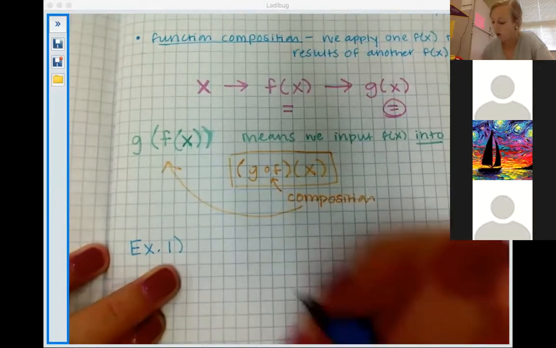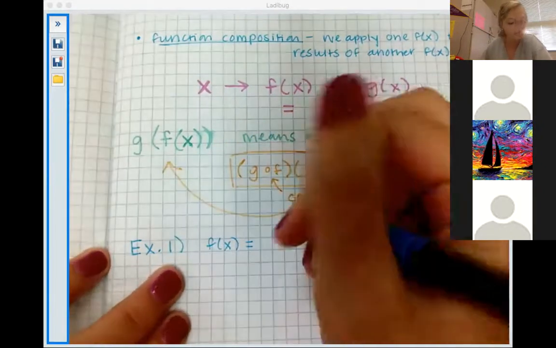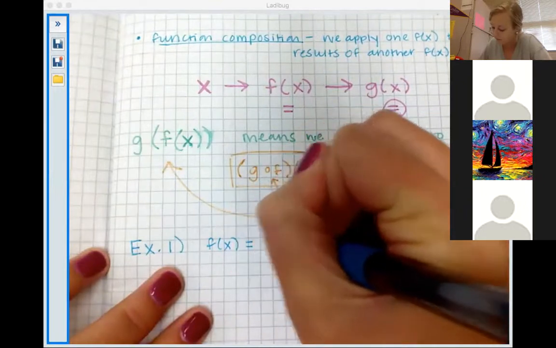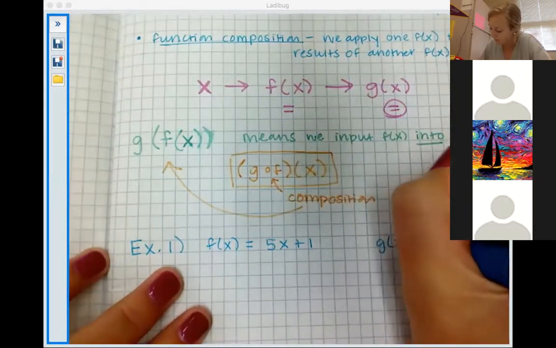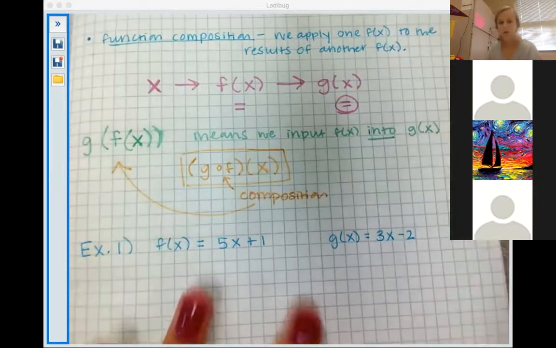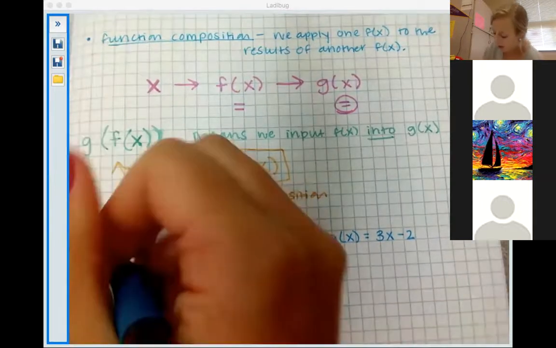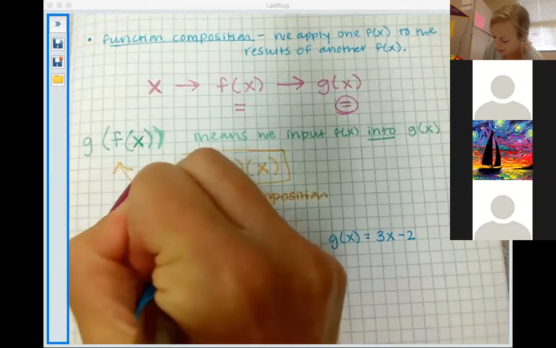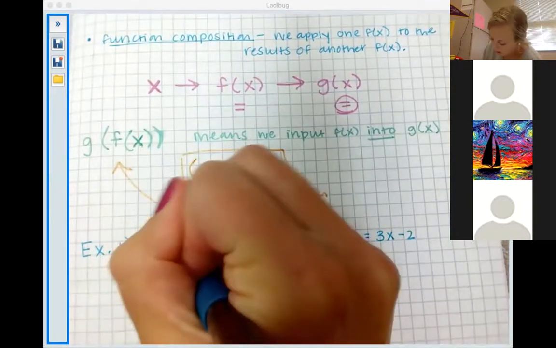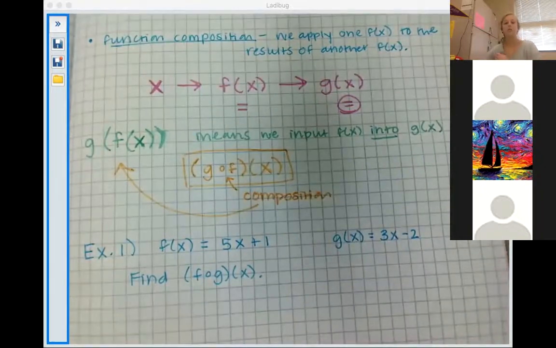All right, so example 1, let's say we're given these two functions, f of x and g of x. And the problem tells you they want you to find f of g of x.